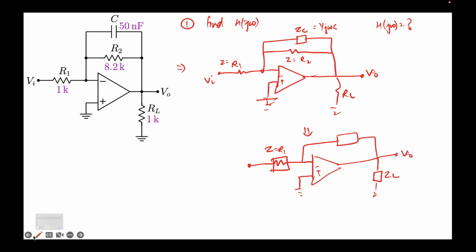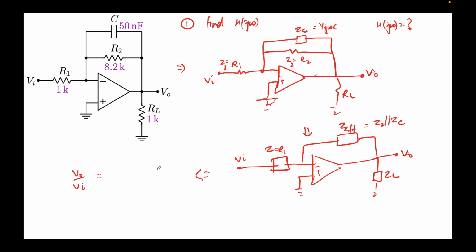So let me just delete this. So we have input from here which is being fed here, right? And we can call this Z effective, where Z effective is nothing but, I call this Z1, Z2. Z effective is nothing but Z2 parallel ZC. These two are in parallel here, right? And this is nothing but a non-inverting amplifier. So the output for this we know looks like something like this.